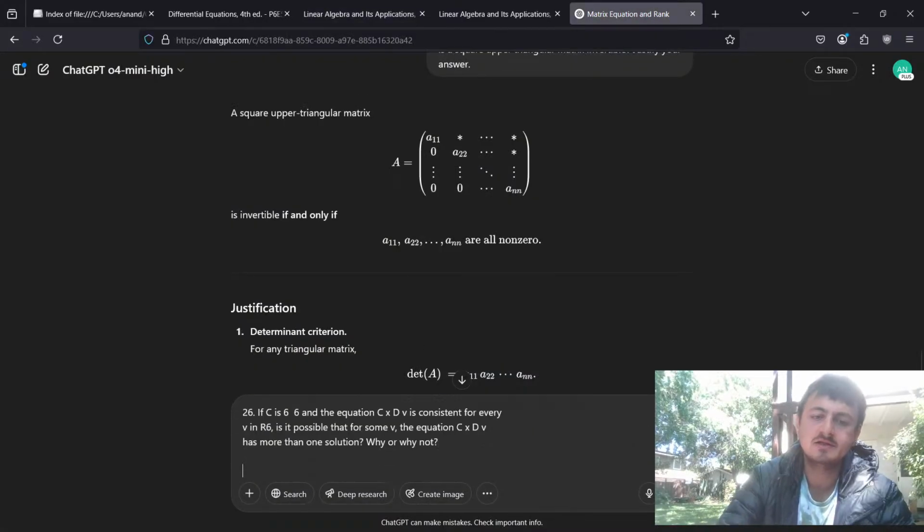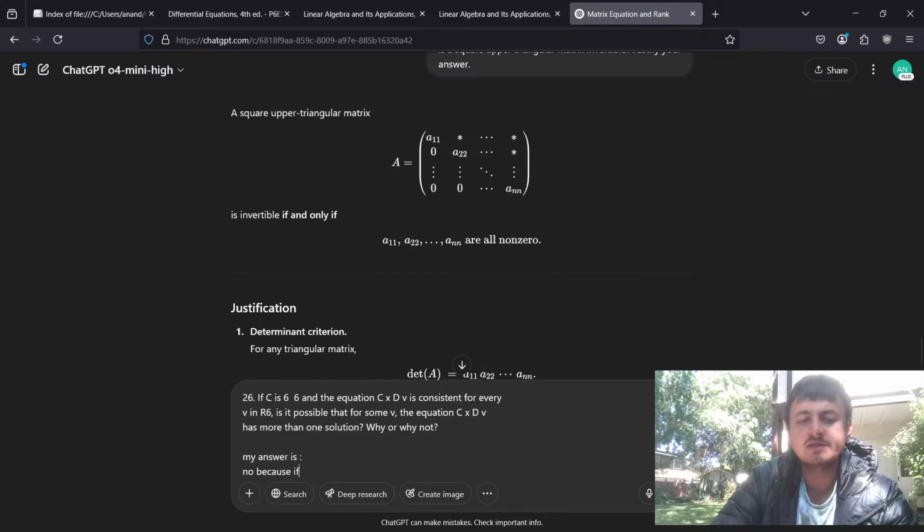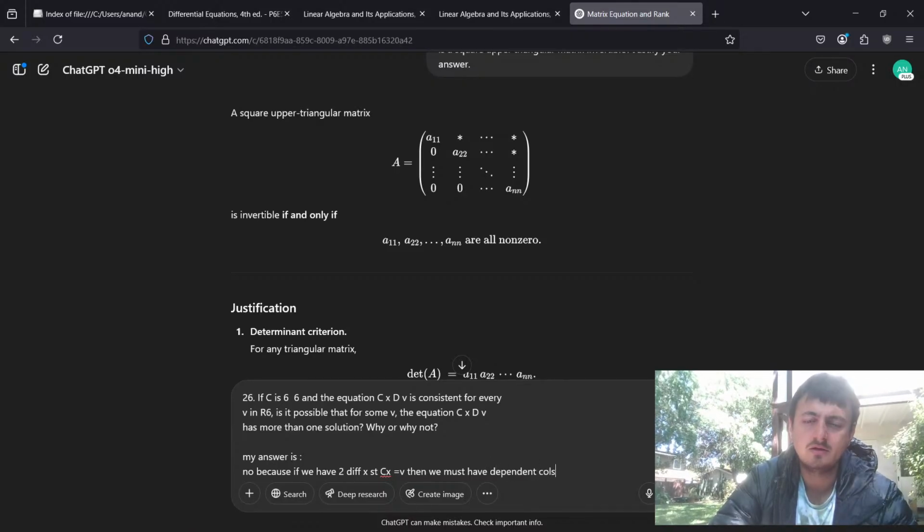So my answer is no, because if we have two different x such that Cx equals v, then we must have dependent columns.